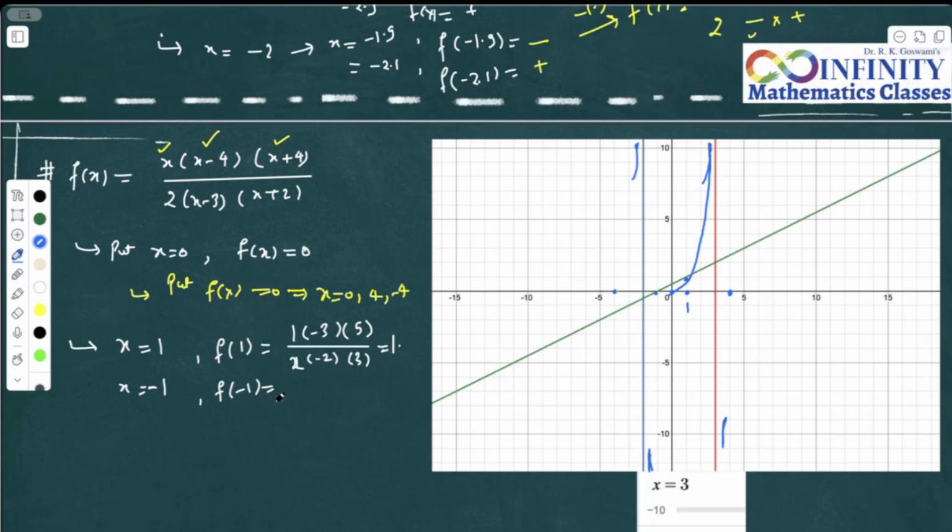That would be negative 15 over 8, that means somewhere here. So I'm expecting to just join that value and go along this curve up to infinity. So I have made use of these asymptotes. Any doubt there?